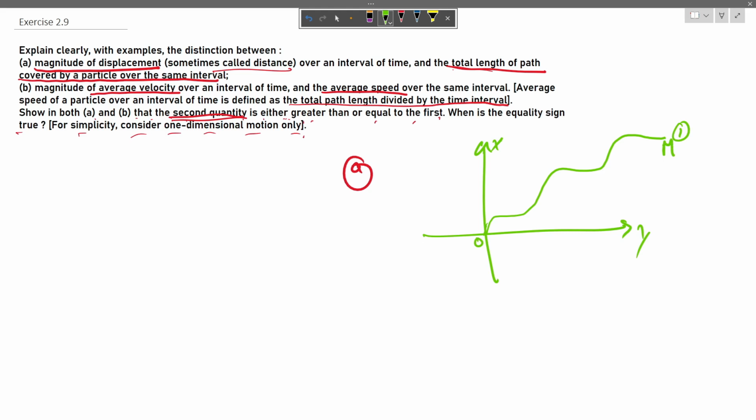Now when we consider displacement, displacement is defined as the difference in the position vector, final minus initial. The position vector of the final point would be something like this.